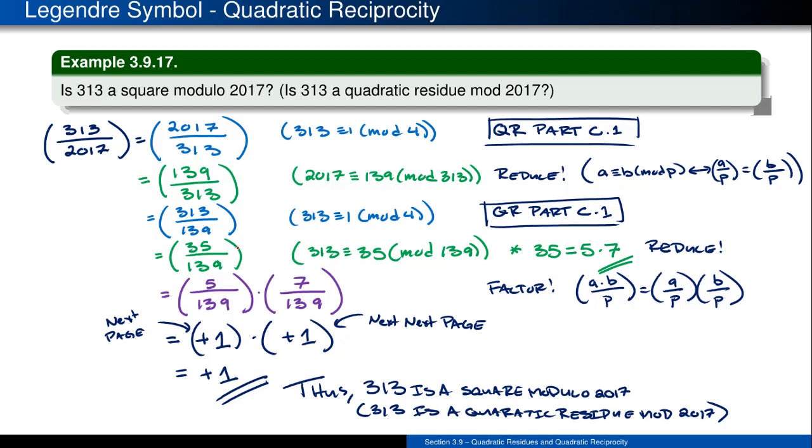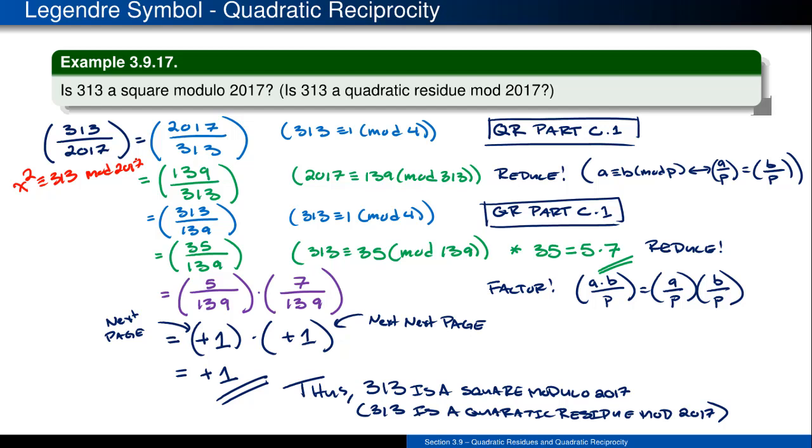So I have kind of all of them sketched so I don't have to rewrite these as we go, but I'll point and allude to various things as we begin this process. So the first thing is looking at when do I have x squared congruent to 313 modulo 2017. That's our original question: does that congruence have a solution?